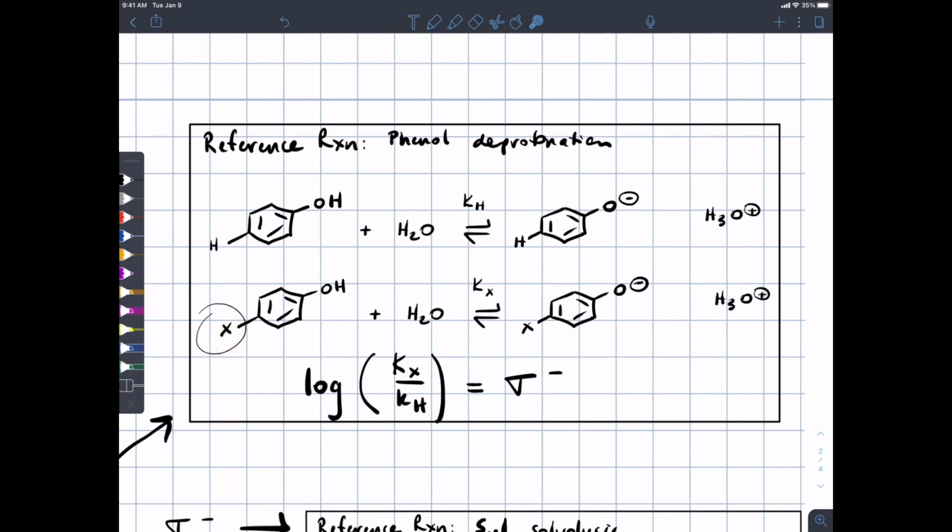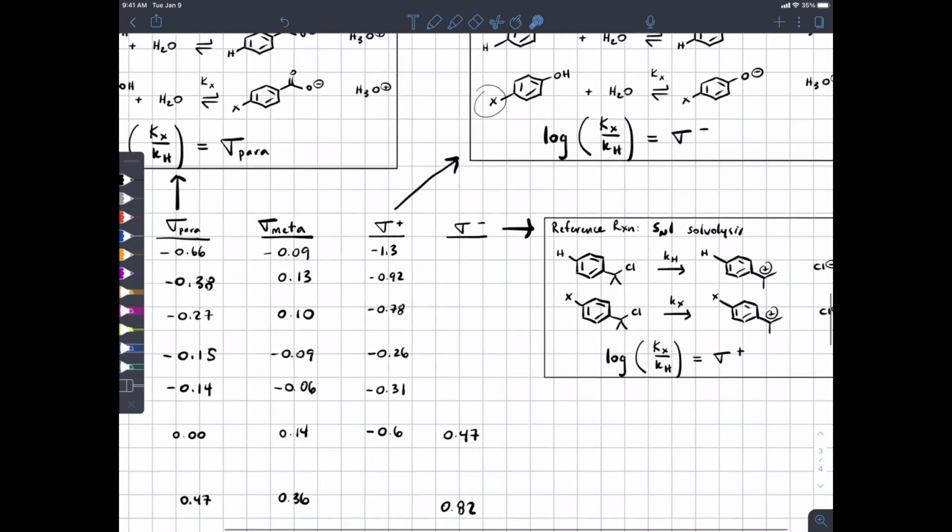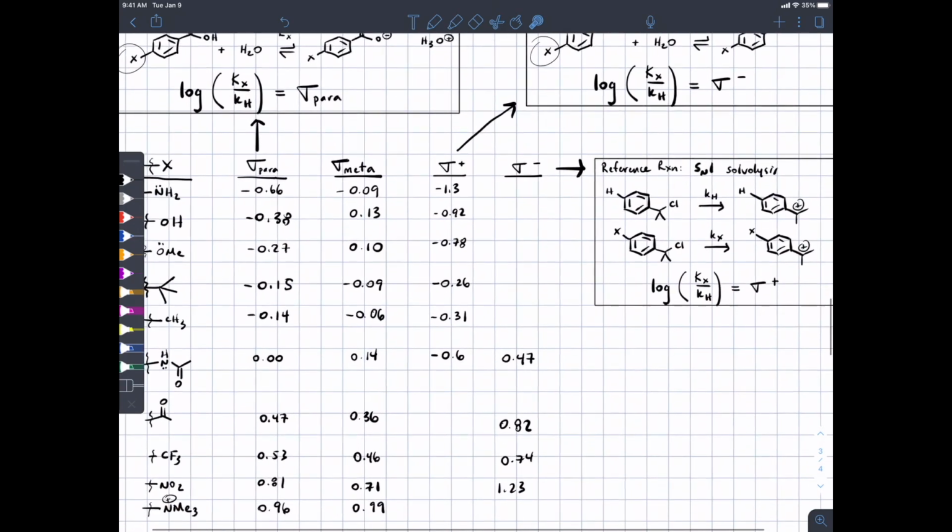So vary the X group, measure these equilibrium constants, and then you get a parameter that's called sigma minus, which tells you how good a group is at delocalizing a negative charge. Okay, so sigma minus values are here.